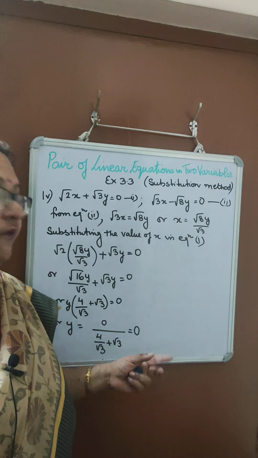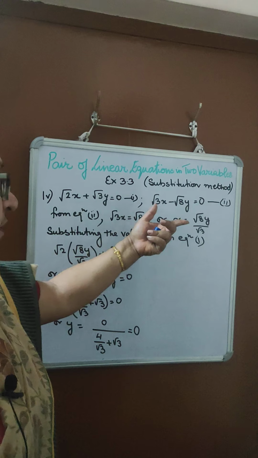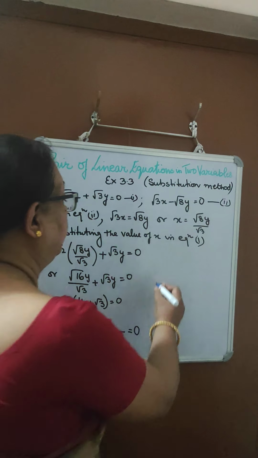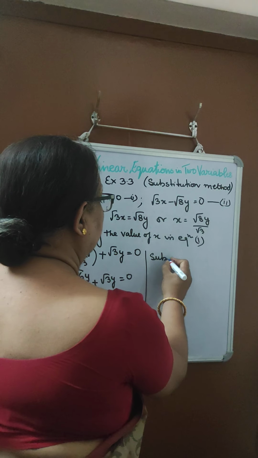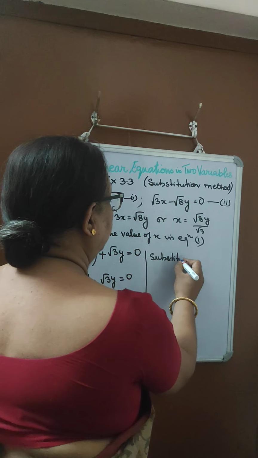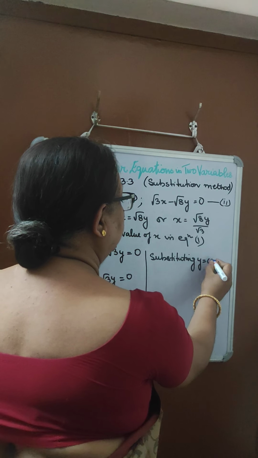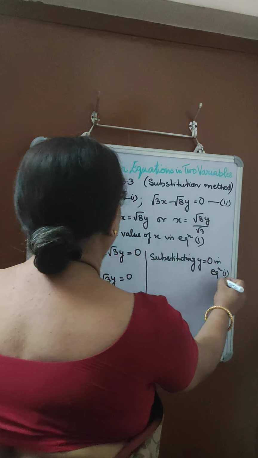Next, what do? We substitute this value of y in any of the equations. Let's substitute this in equation 1. So again we have, substituting y equal to 0 in equation 1.